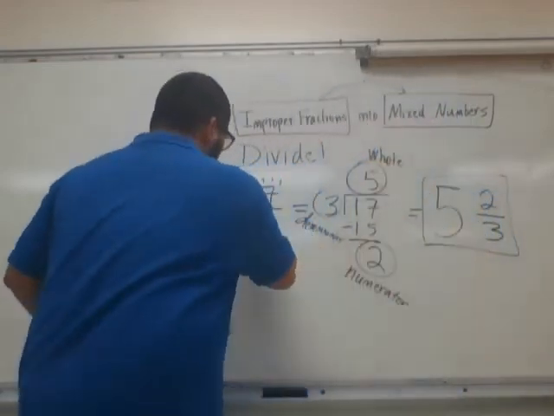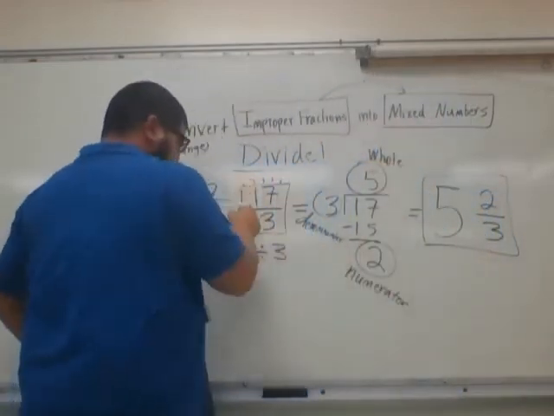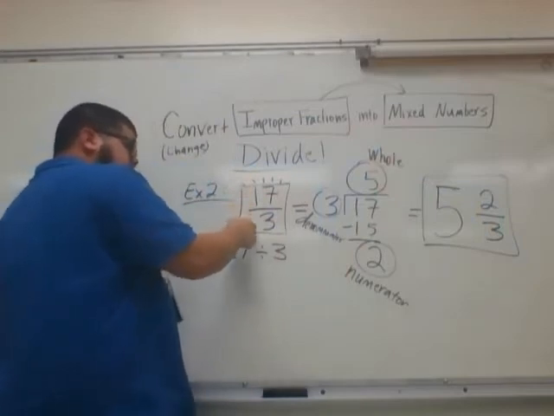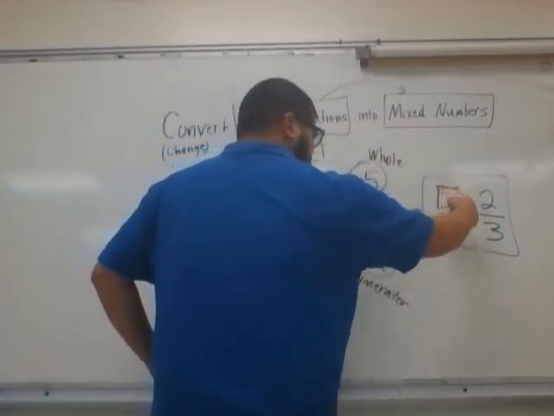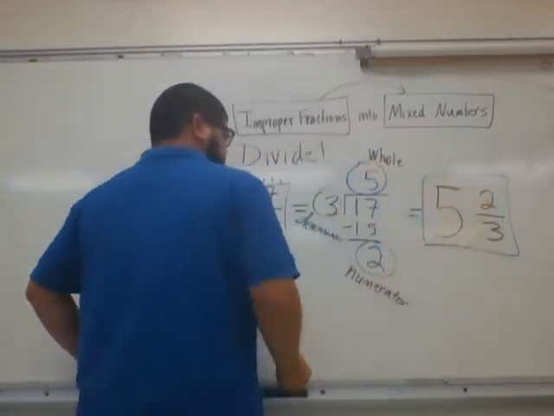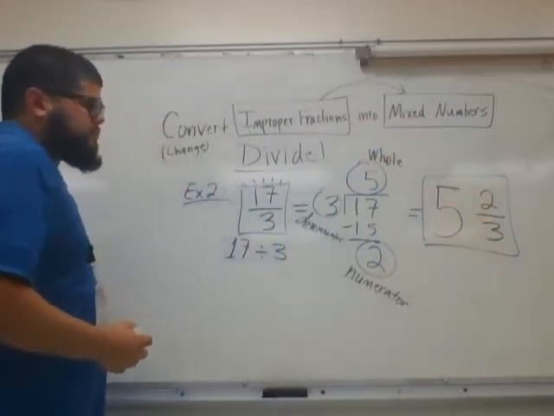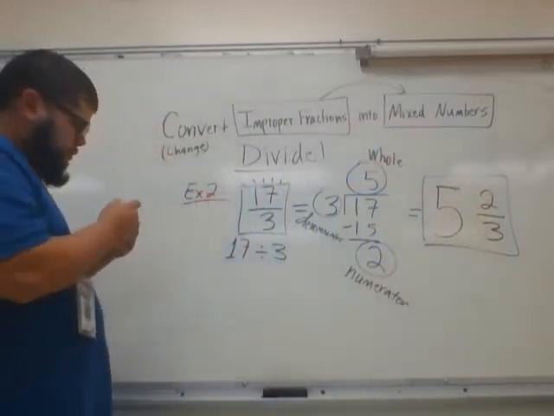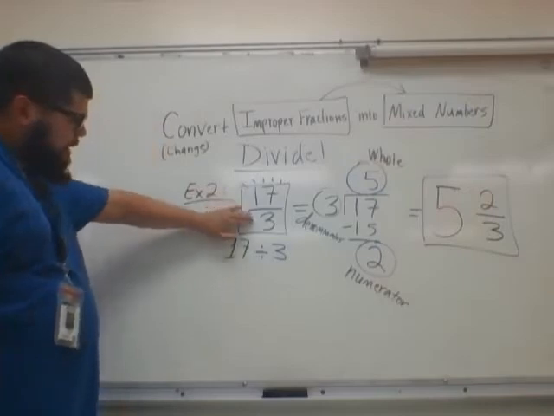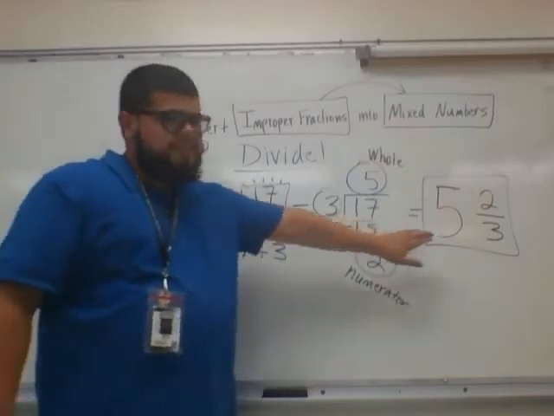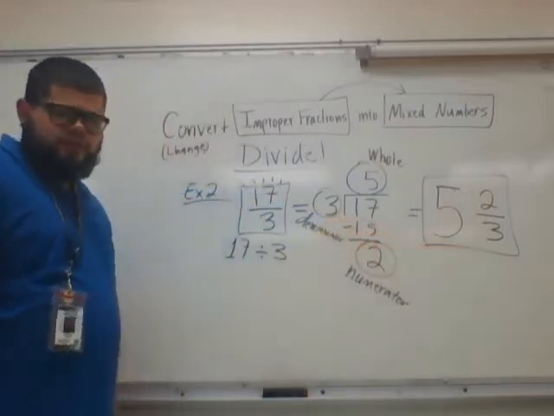So we end up converting or changing 17 over 3 into the same valued number, 5 and 2/3. We converted 17 over 3, the improper fraction, into the mixed number 5 and 2/3.